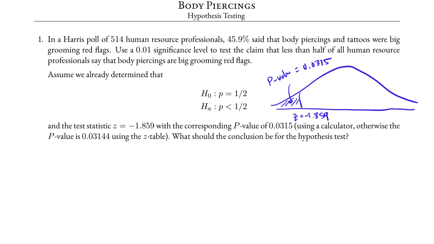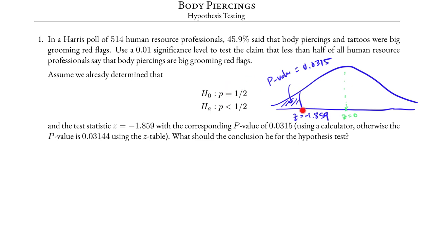and the corresponding p-value is 0.0315 in this case. The smaller the p-value, the further away the test statistic is from the center, where z equals 0 corresponds to the proportion equal to 1/2.